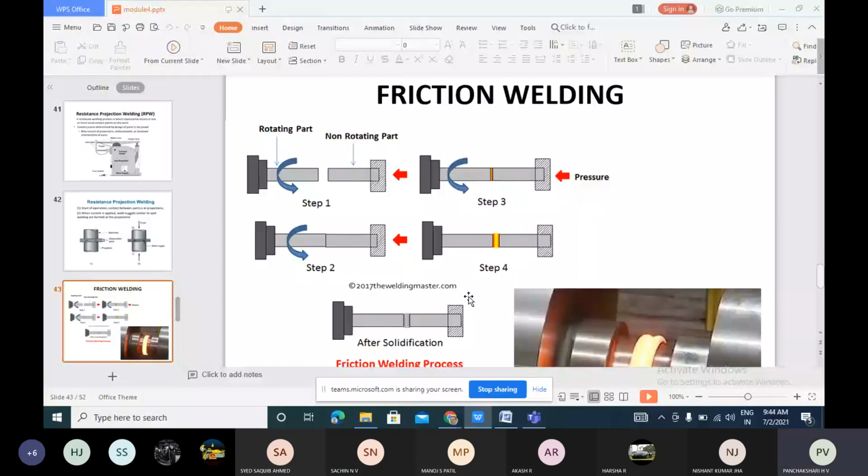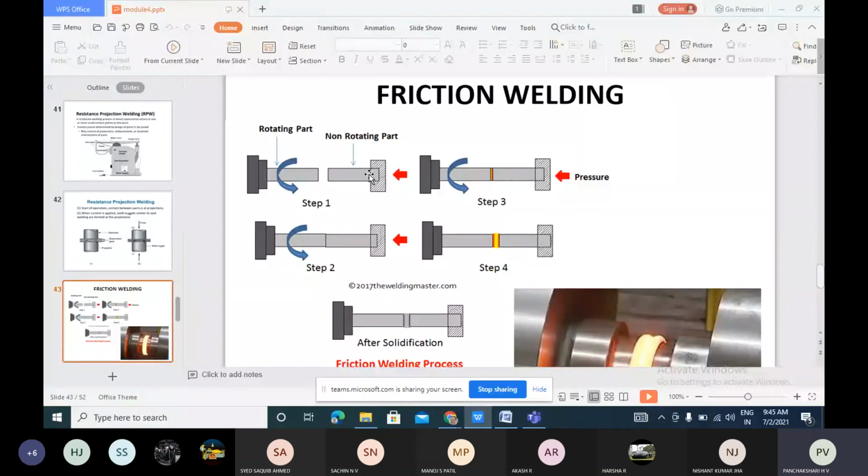One part will be stationary, the other part will start rotating, and axial force is also applied to it. Therefore friction develops at the junction. You can see this is the rotating part, this is the non-rotating part. Both are held in chucks, like the lathe machine you have studied in the previous semester.